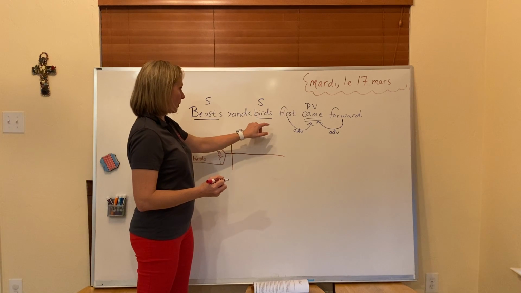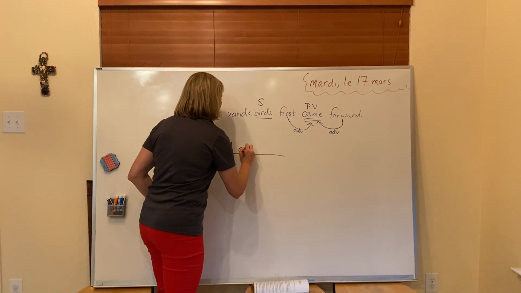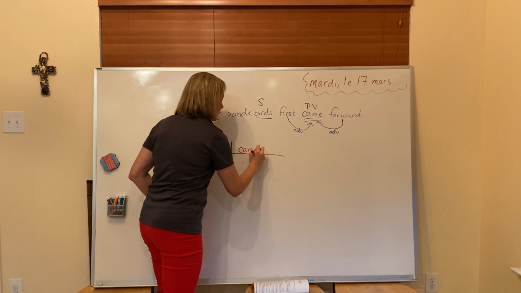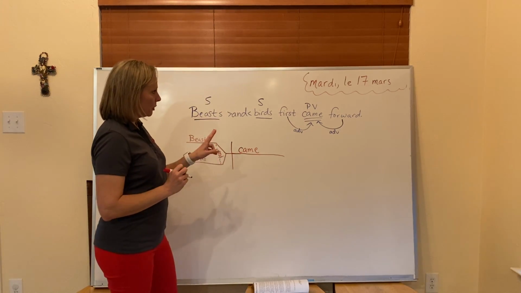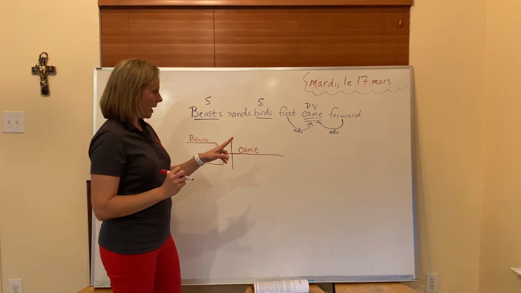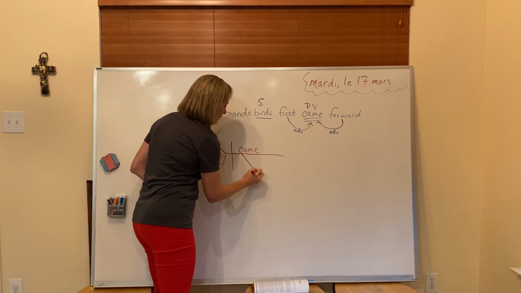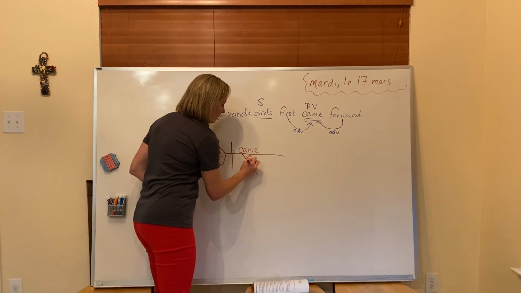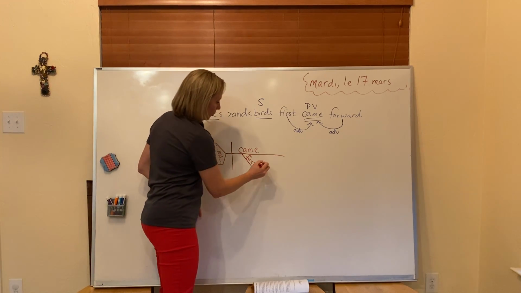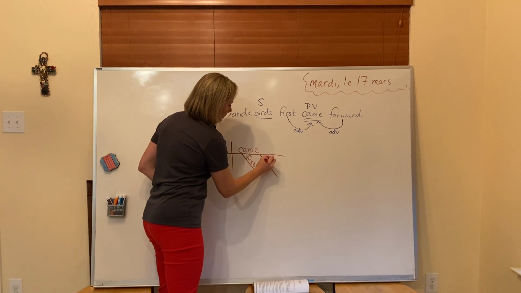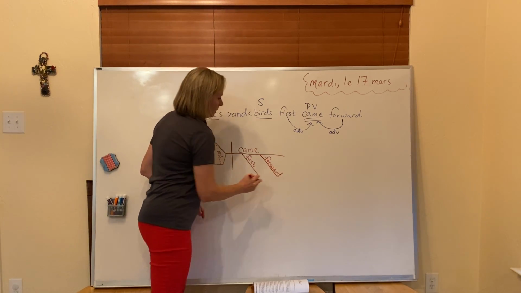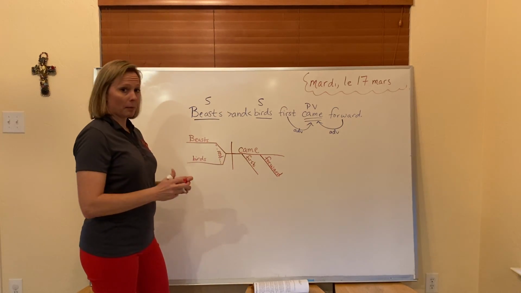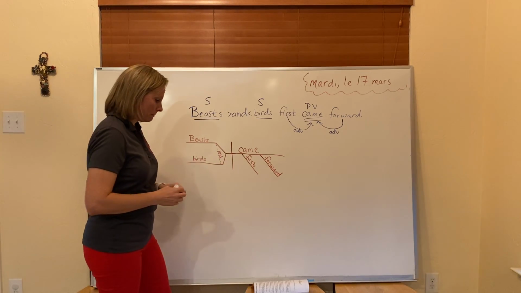Beasts and birds came. And then after that, we have two modifiers for came. We have adverbs, first and forward.